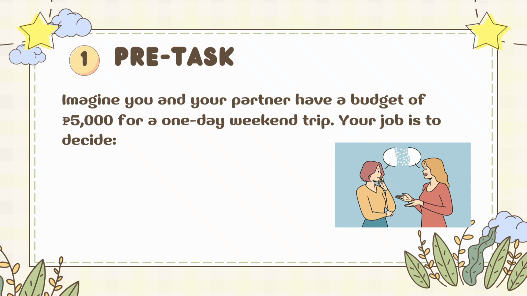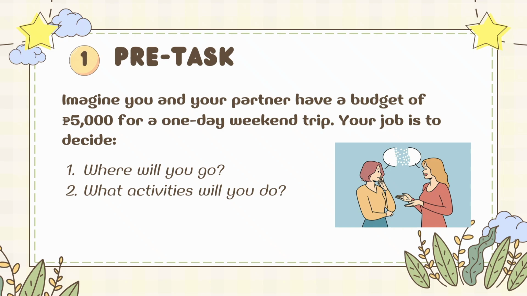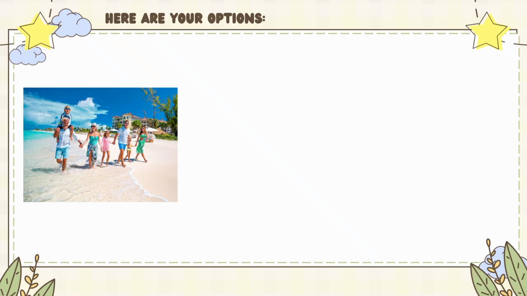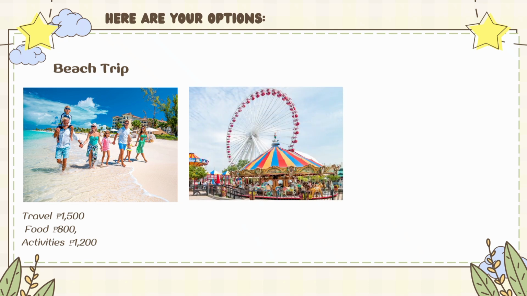The first one is, where will you go? Second, what activities will you do? Third, how will you spend your money? And I'll give you three main options. First, you can go on a beach trip. You will spend 1,500 peso for travel, 800 peso for food, and 1,200 peso for activities.